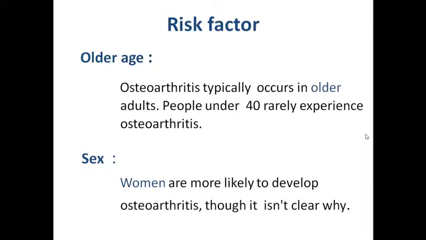Women are more likely to develop osteoarthritis, but at an early age, around 40, males are more common than females, though the cause is still not clear why women are more common in the elderly for osteoarthritis. But it seems to be hormonal changes in the female.